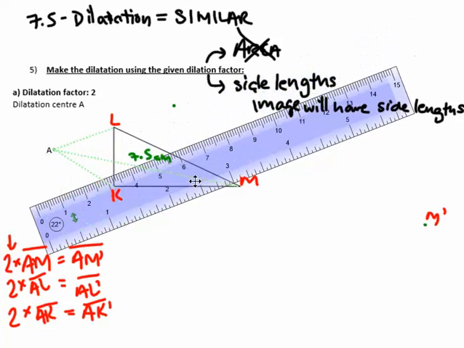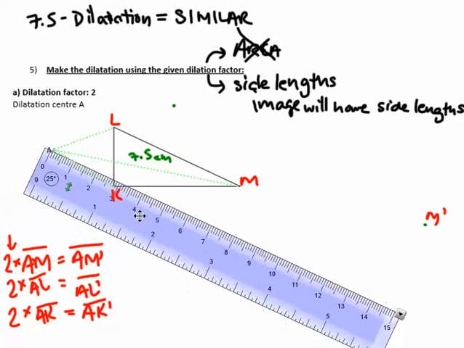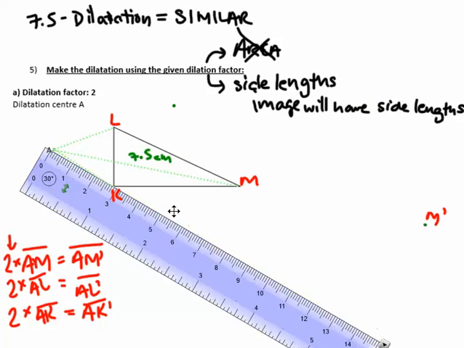So now if I move my ruler again, and I find the distance from A to K, it says 2.8, so twice that is 5.6. So let me find 5.6, about there. And now I have my 3 points. So now I have L prime, which is up here. I have K prime.